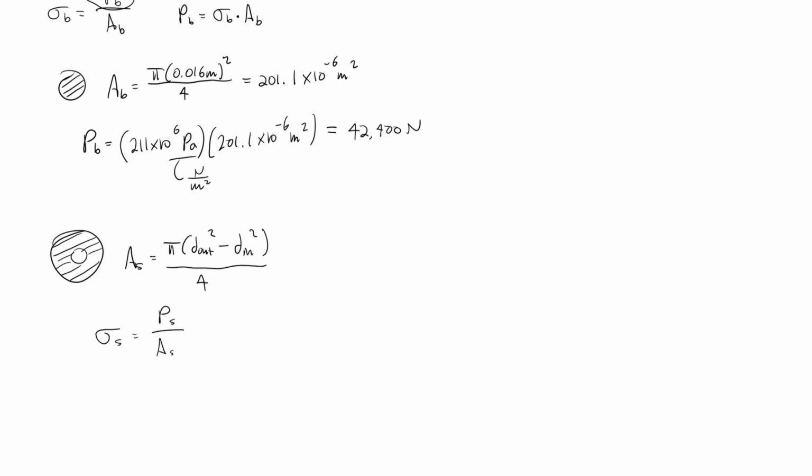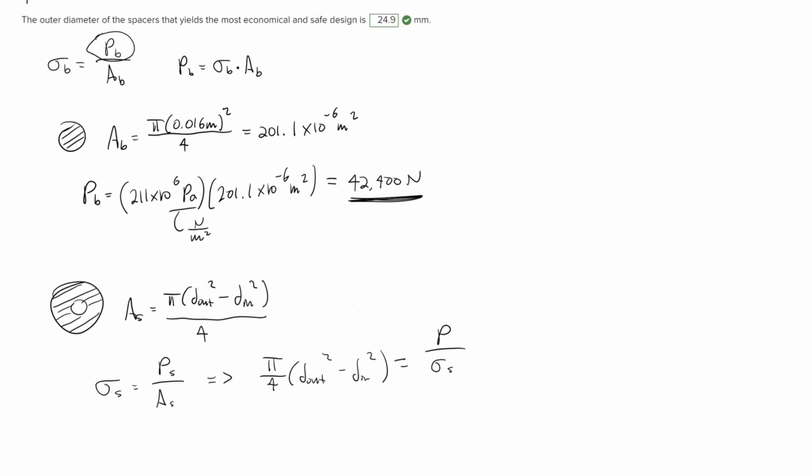And we can rearrange this to get area by itself on one side, which I'm going to do, and plug in the formula for area. Pi over 4 times the outer diameter squared minus the inner diameter squared is equal to P over the stress through the spacer. So the force P is what we just found up here, 42,400 newtons, and the stress through the spacer is given to us in the problem.